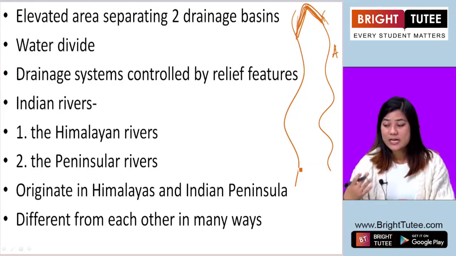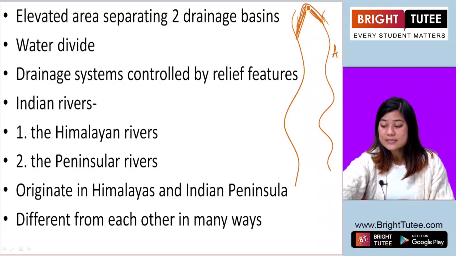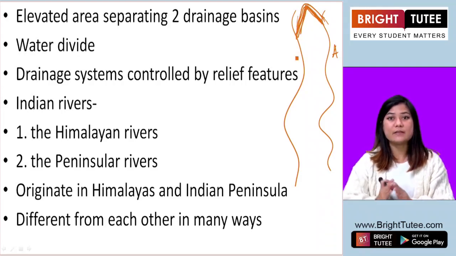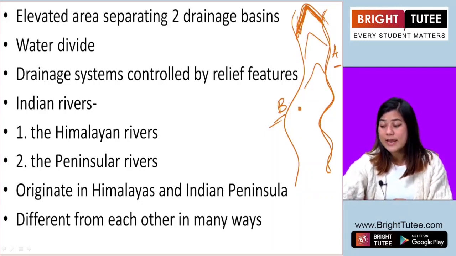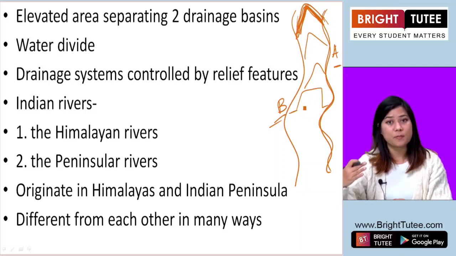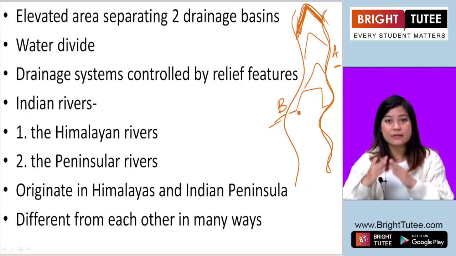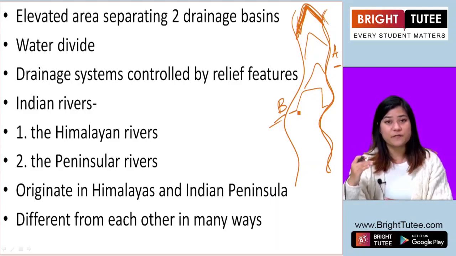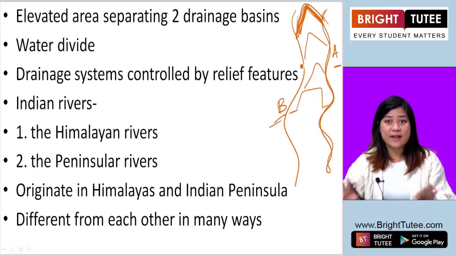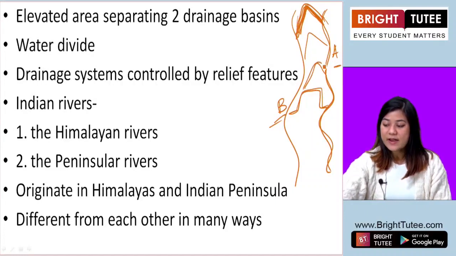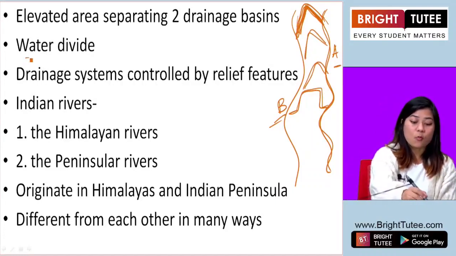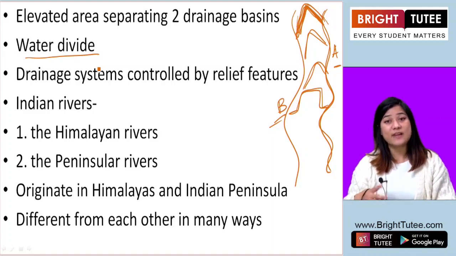What I'm trying to tell you is that this elevated hill or elevated landscape separates river A from river B, because there is a hill here, or an elevated surface that can look like a tabletop as well. Because of the heightened surface, the rivers are divided from one another. So this divider of the river is called water divide. Very simple, it divides the water.